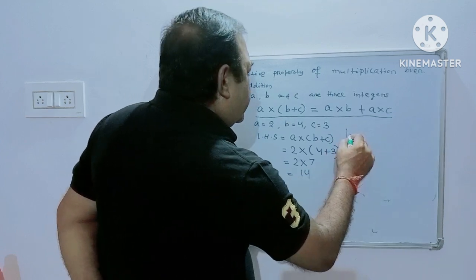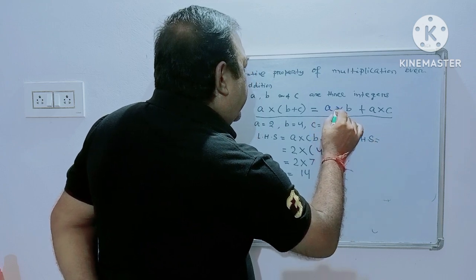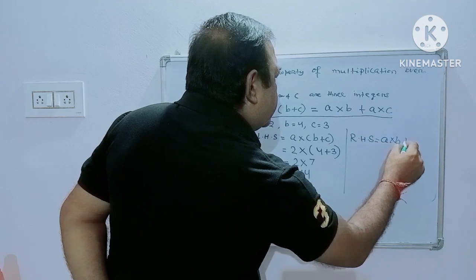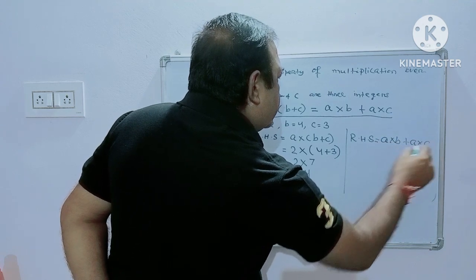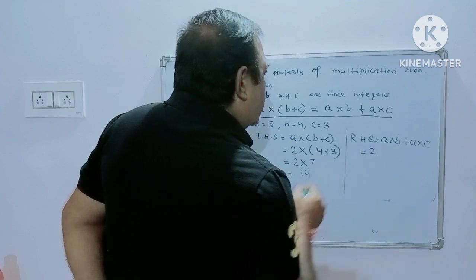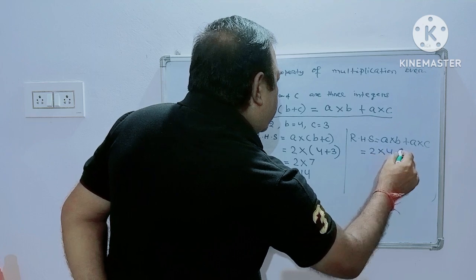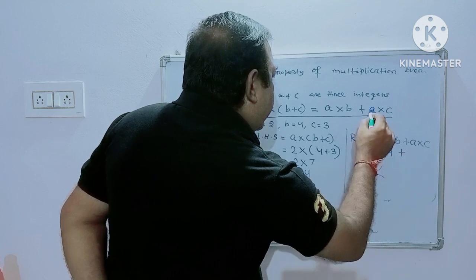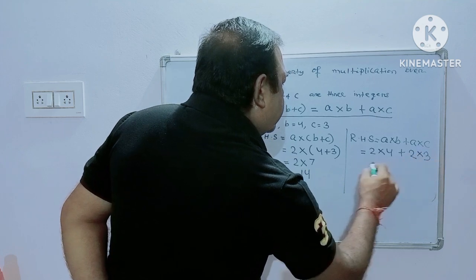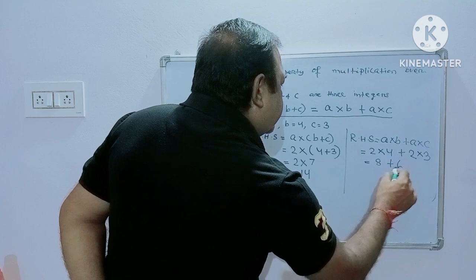So what is the RHS here? Right hand side: A into B plus A into C. That is equal to, what is A here? A is equal to 2. So put 2 in place of A: 2 into 4 plus A into C, A is 2, into 3. 2 into 4 is equal to 8, plus 6.